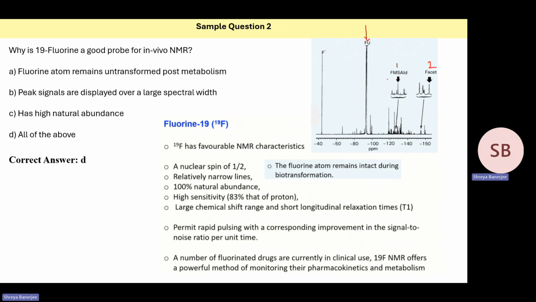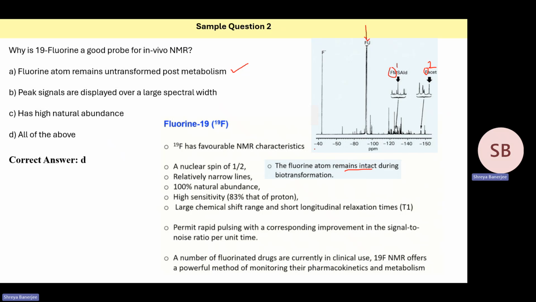And all these metabolites have the fluorine atom, because the fluorine atom remains intact in all the metabolites. That is, the fluorine atom remains untransformed post-metabolism. This is true. Then we know that the fluorine spectrum has a large spectral width.